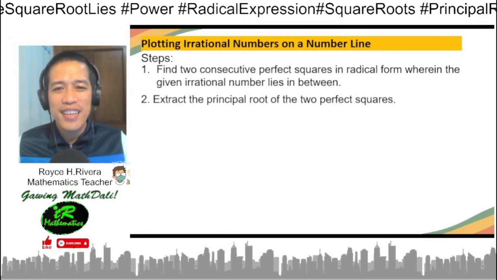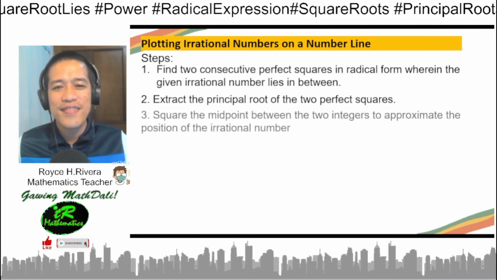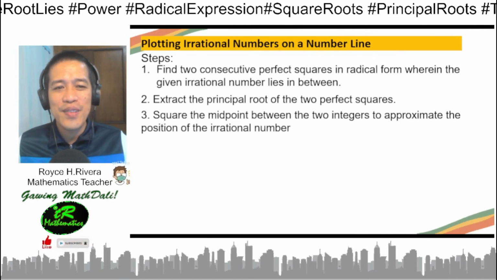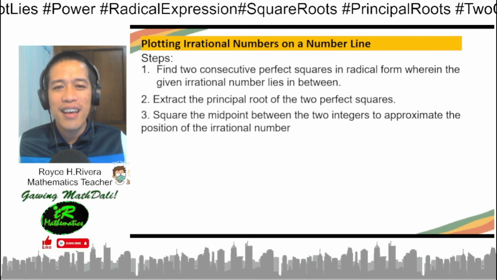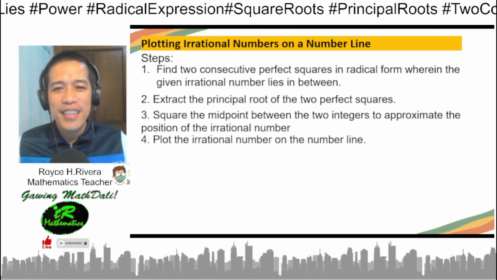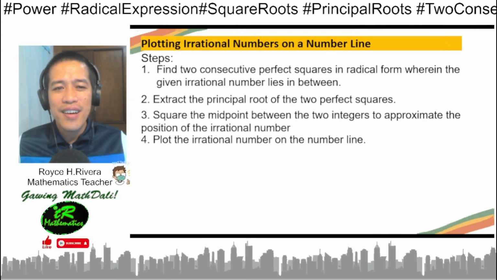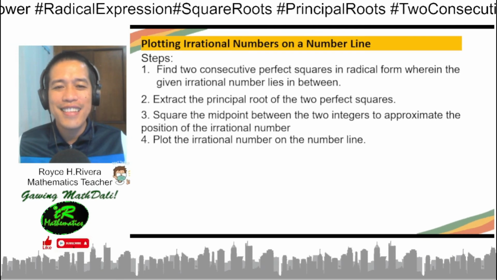Number 2, extract the principal root of the two perfect squares. Number 3, square the midpoint between the two integers to approximate the position of the irrational number. And finally, number 4, plot the irrational number on the number line. Tara, gawin na natin.